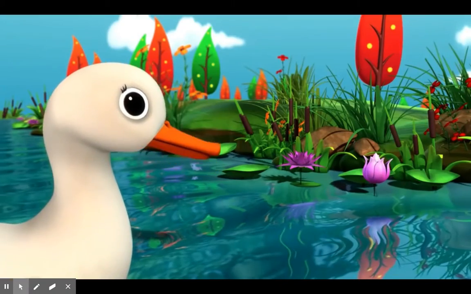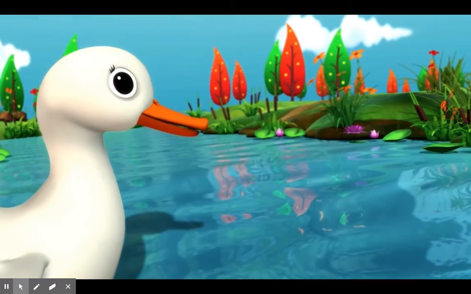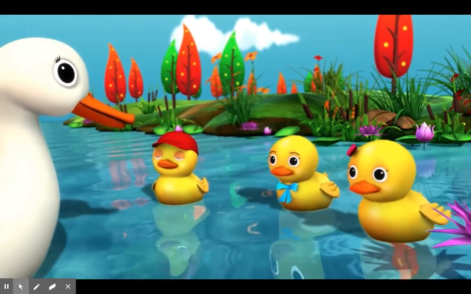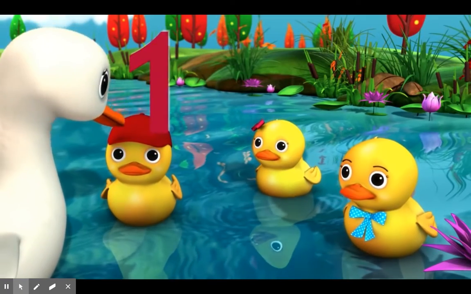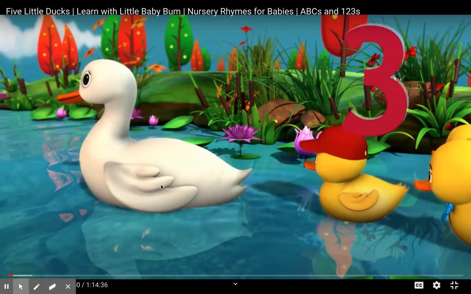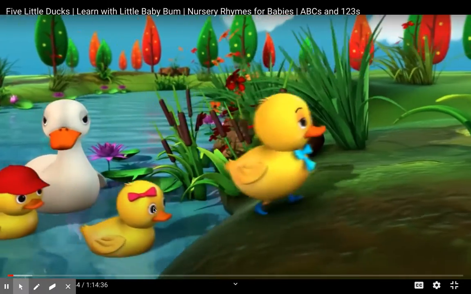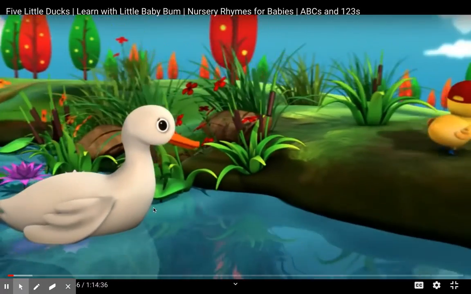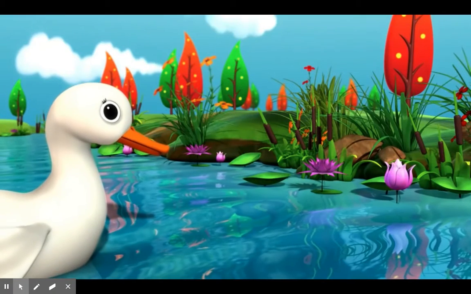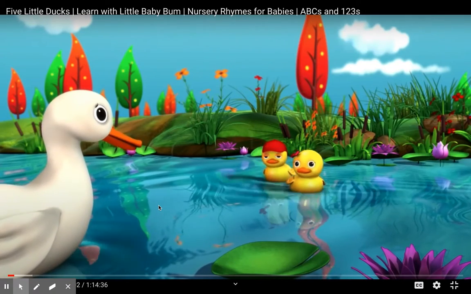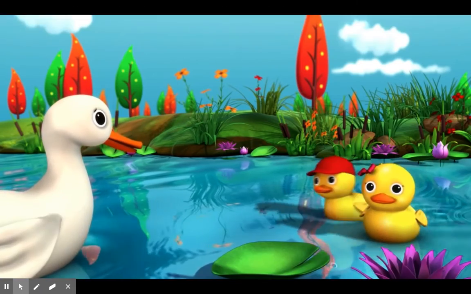Mother duck said, quack, quack, quack, but only three little ducks came back. Three little ducks went swimming one day over the hill and far away. Mother duck said, quack, quack, quack, but only two little ducks came back.